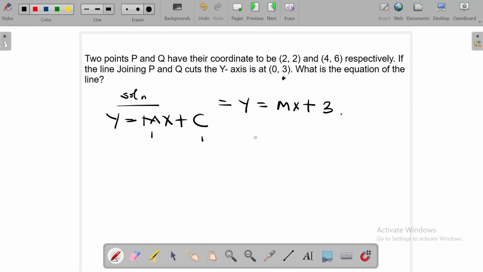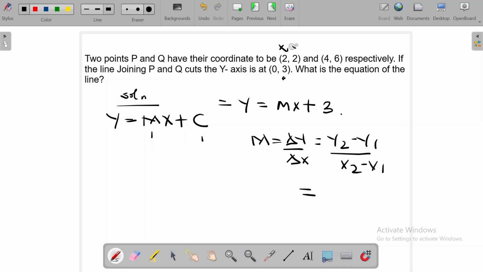What is the m? Remember, m is giving us a change in y over a change in x, which is y2 minus y1 over x2 minus x1. So I can say this is x1, y1, x2, y2. So substitute it here, it becomes, what is my y2? It is 6. What is my y1?